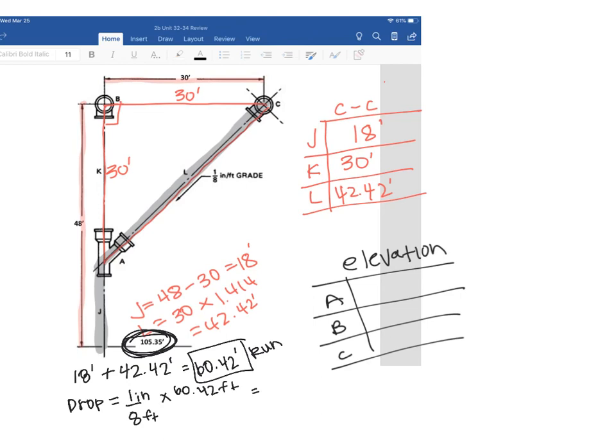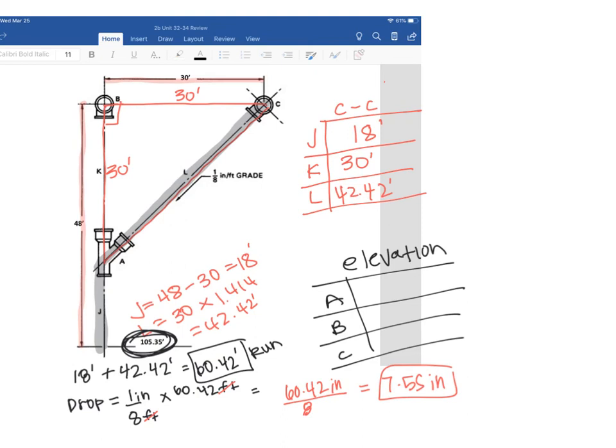Remember that the feet will cancel each other out. So on the top, we're left with 1 inch times 60.42, which gives us 60.42 inches. And on the bottom, we're just left with 8. So 60.42 divided by 8 gives us 7.55 inches.